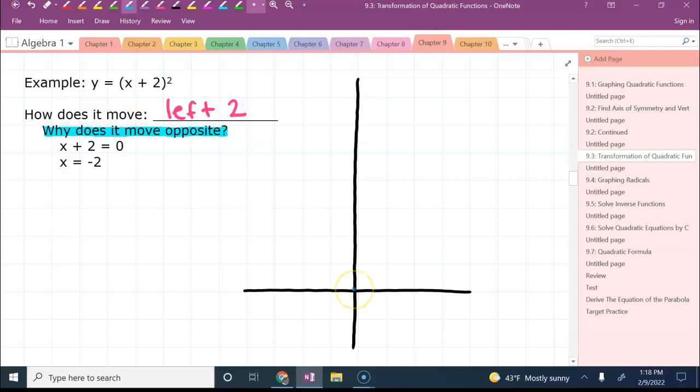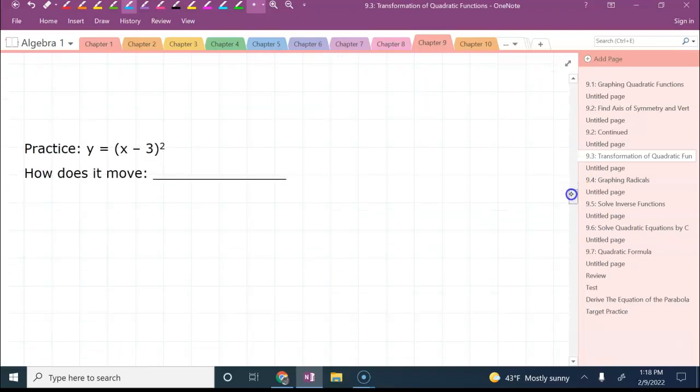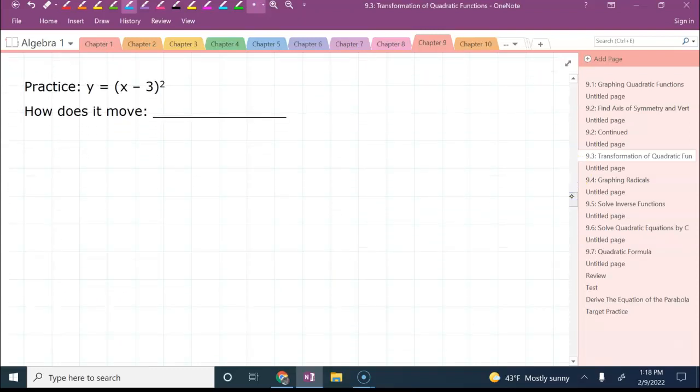Now, when you go to sketch your graph, you can still start with those original 3 points here, and you're going to move all of them to the left 2. So the vertex moves to the left 2, and those other points on either side of the vertex move to the left too. So if you take a look at this one, which way do you think this one moves?